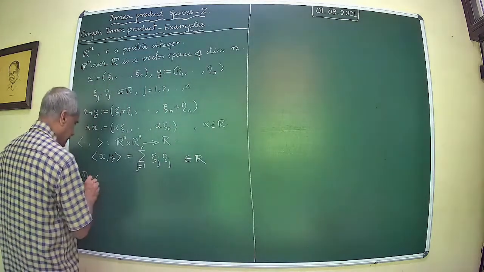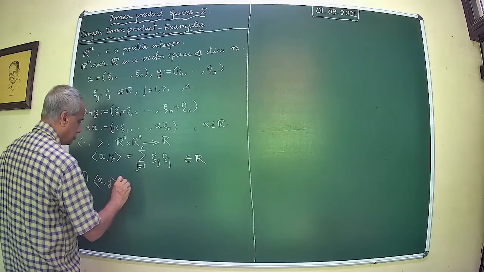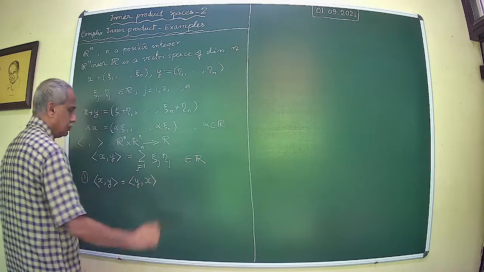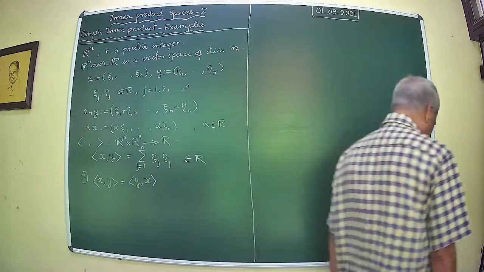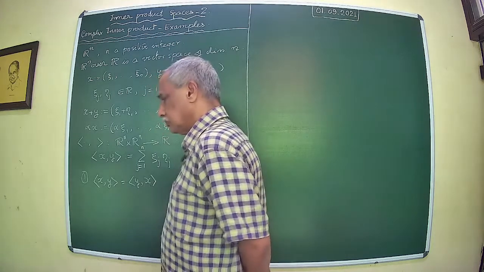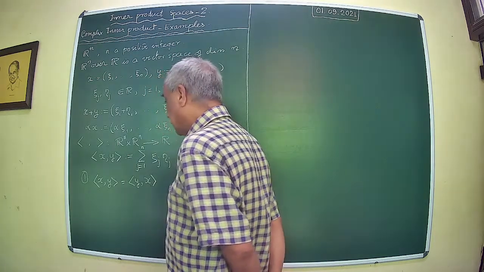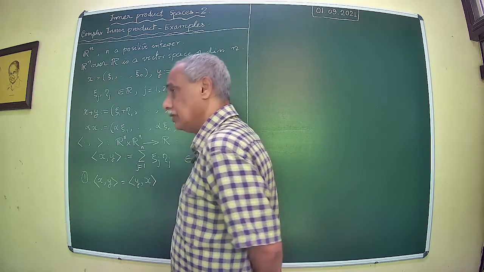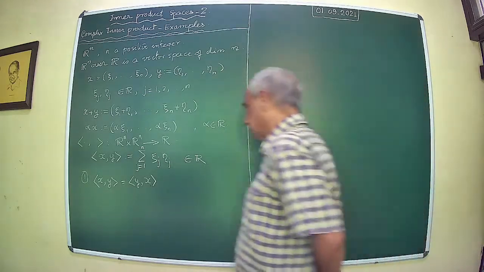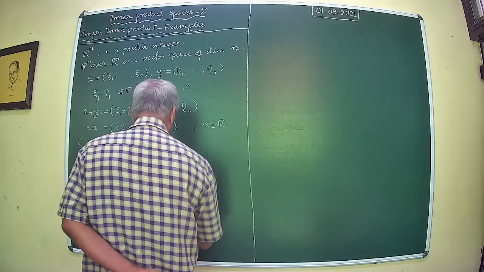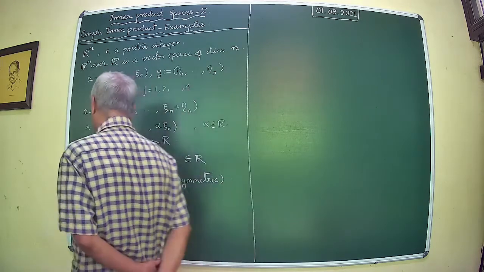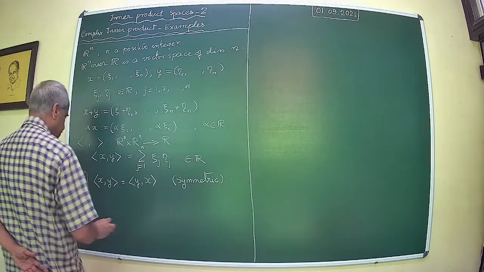The first property is that, in other words, what you observe is that the ordered pair xy, the inner product associated with the ordered pair xy is the same as the inner product associated with yx. So we call this symmetry. Symmetric.